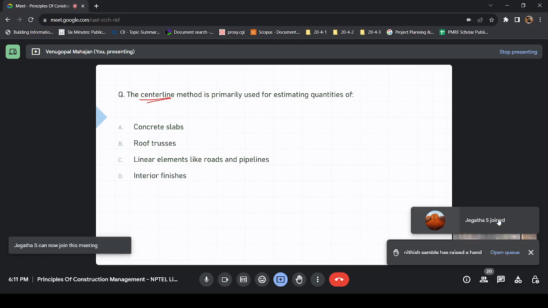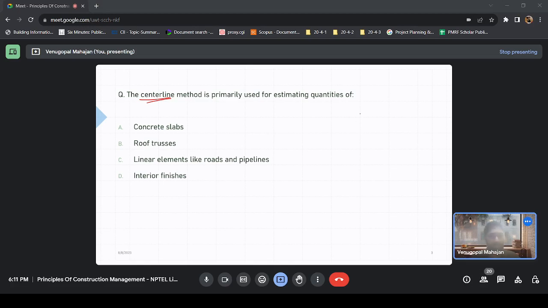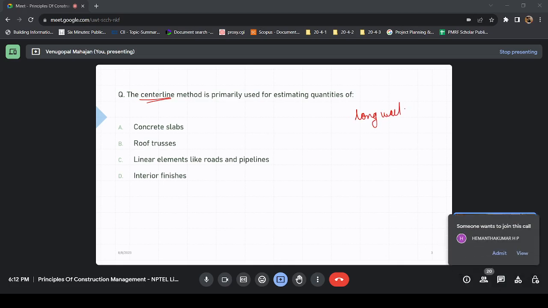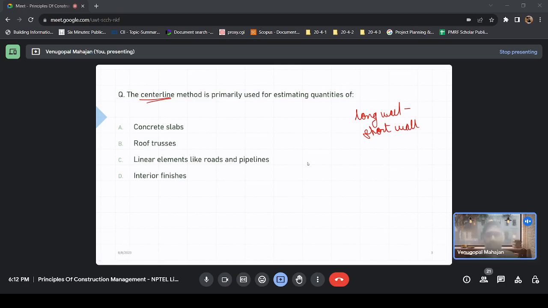You don't have to raise your hands, you can just turn on your mics and say. Yes, long wall, short wall method. Okay, we have the long wall, short wall method. Any other method? Okay, so we will see these methods from numerical. Hopefully, that would make it easier.